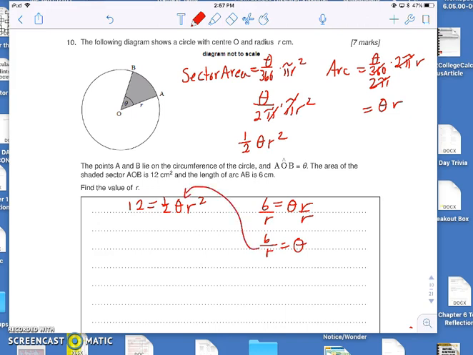And then if we plug that in, 12 equals half 6 over r times r squared. A lot of nice things happen. R, so half of 6 is 3, so 12 equals 3 times r, so r has to be 4. So it looks really challenging, but once we use those formulas, it turns out pretty nice.